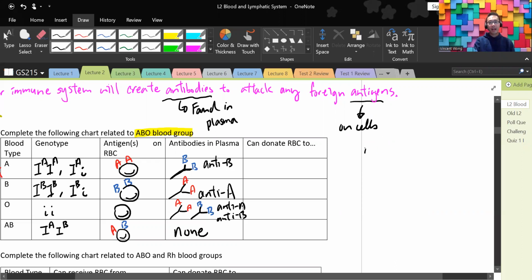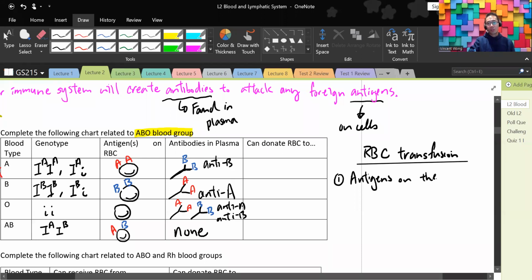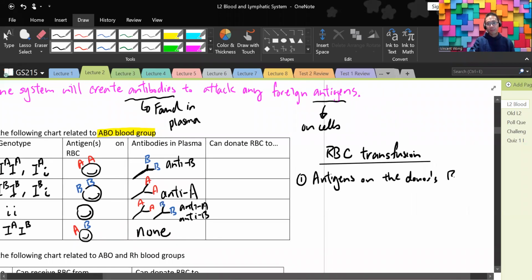So what do we have to pay attention to when we talk about red cell transfusion? We have to ask the following questions. Number one, what kind of antigens are on the donor's RBC? The donor is the person who's giving the blood. You want to know what's on the cell's surface.